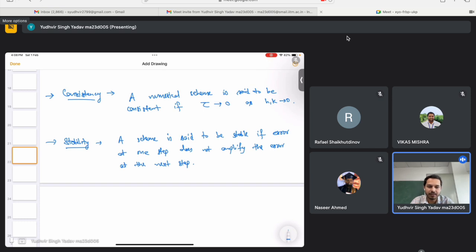Then we will say the given scheme is stable. Consistency can also be termed as compatibility.